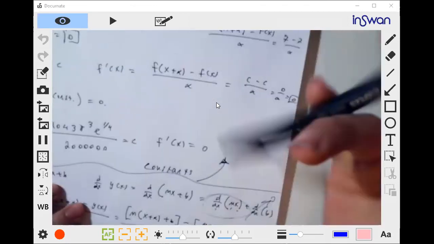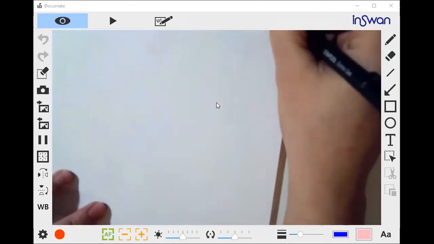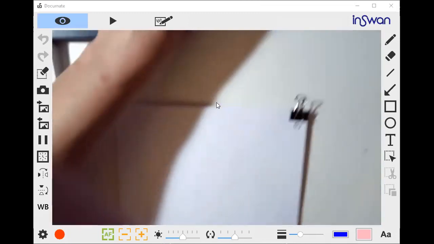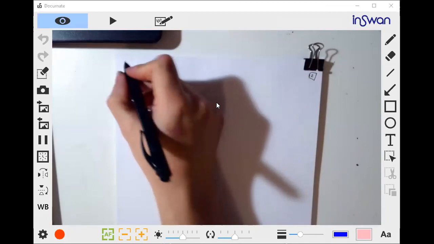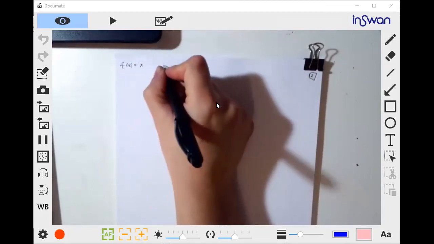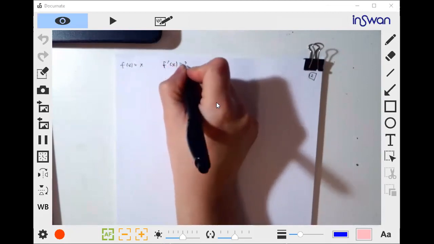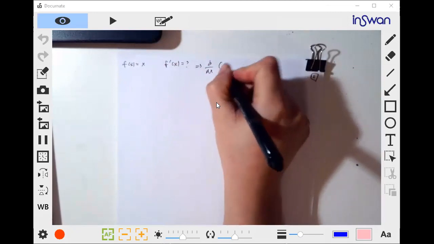Well, I'll show you. So if our f of x is equal to x, then what is f prime of x? Well, that's just d dx of x.